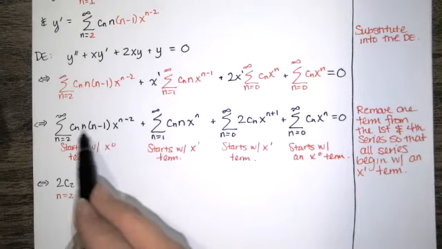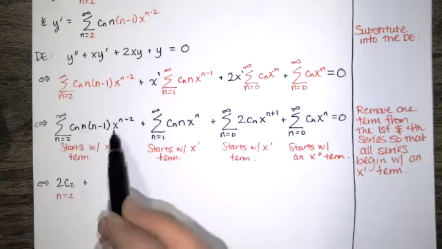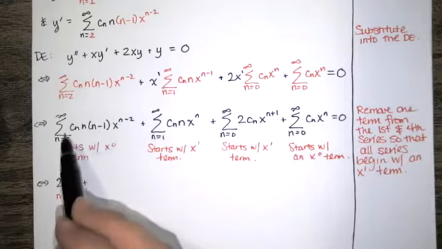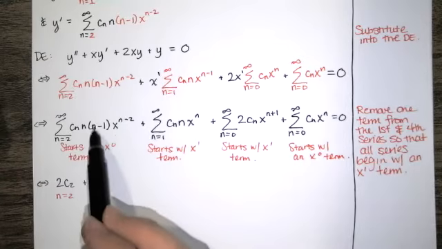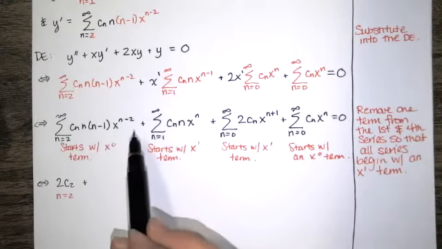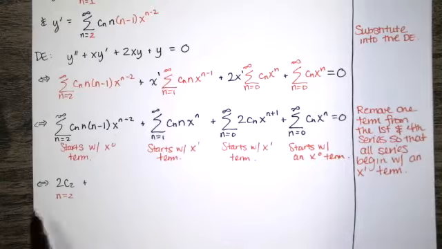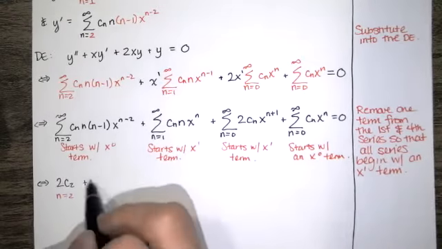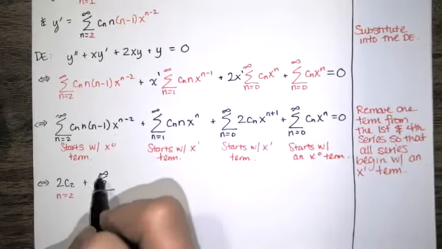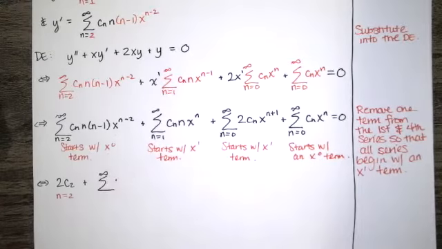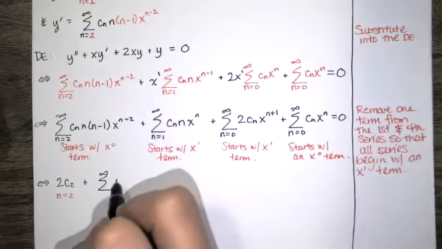So 3 times 2 is 6. I would have 6 times c sub 3 times x to the 3 minus 2, which is x to the first. So when n equals 2, we get the x to the 0 term. When n equals 3, we get the x to the first term. And then when n equals 4, we'll get the next one, and so on.